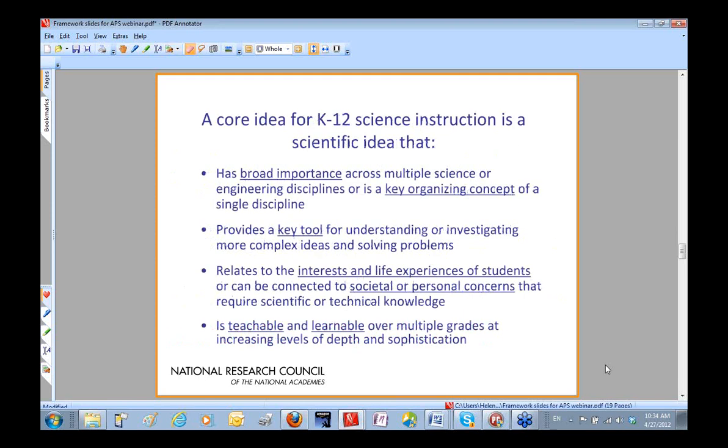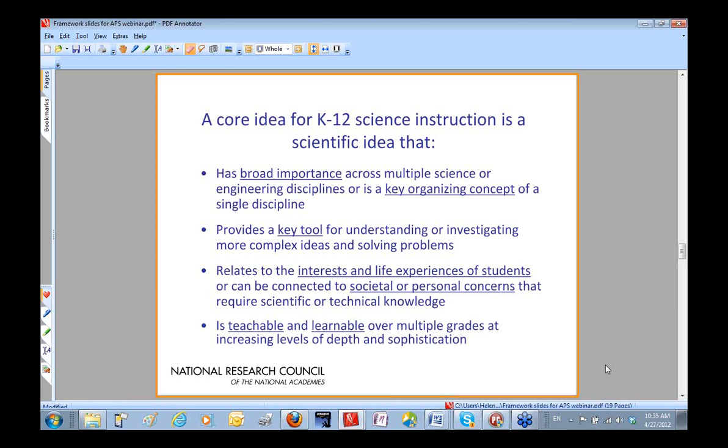In order to try and say what is a core idea, we gave ourselves some criteria because we were really trying hard, whether we succeeded or not, you can make your own judgments, to in some sense narrow the curriculum, to focus the curriculum on a set of core ideas so that we could get away from the lots and lots of details and no depth approach to teaching science.